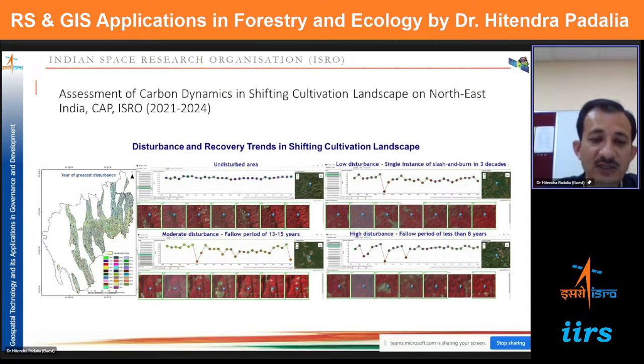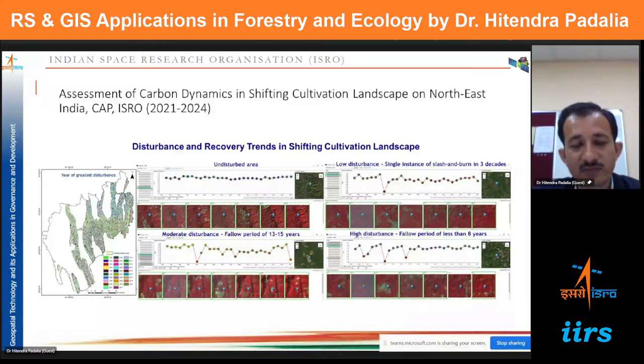But now the advantage is that you have a long archive of satellite imagery, and because you have a satellite image every year, you can determine this based on the historical database. If in your area you want to know at what time the clearance of the forest land happened, you can actually prepare a chronology of the disturbance or the forest clearing for a particular area.